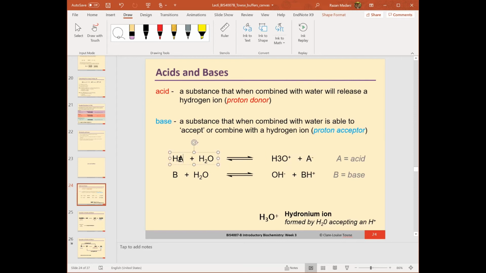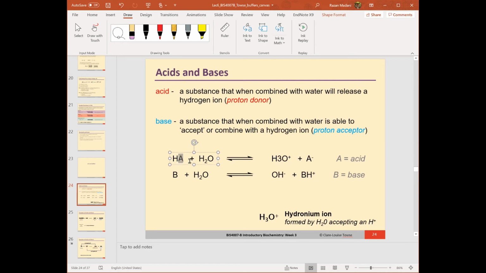It's almost like a couple, and one of them is positive, the other is negative. The A is the one responsible for giving away, to donate. So it donated the H to the H2O, hence why we have H3O. So it donated a positive to the other molecule.